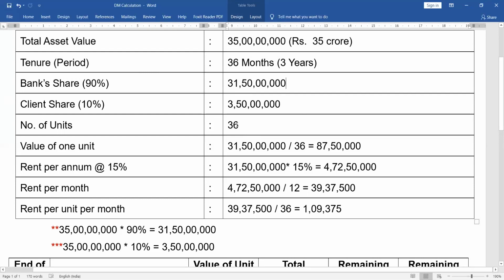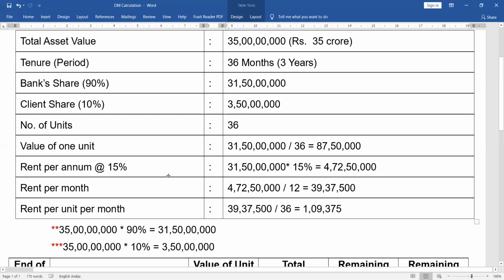We could divide into 100 units and make the calculation accordingly; whatever the number of units, it doesn't matter. So let us suppose we have divided the share of the bank into 36 units. Each unit will be purchased every month by the customer, so 36 months are required.